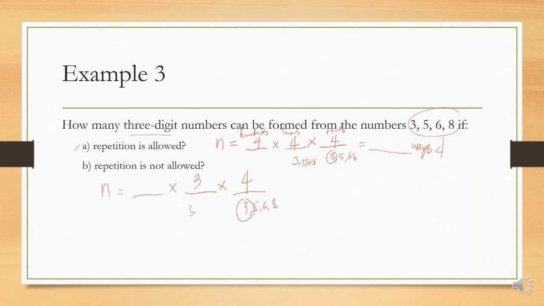Ang pwede na lang ay 5, 6, and 8 na lang. Okay? So, dito, 2 na lang. No? Halimbawa, nagamit na natin yung 5 dito. So, meron na tayong 6 and 8 na lang. Okay? So, meron tayong 6 times 4 dito ay 24. 3-digit numbers na siya. I hope you get the idea.